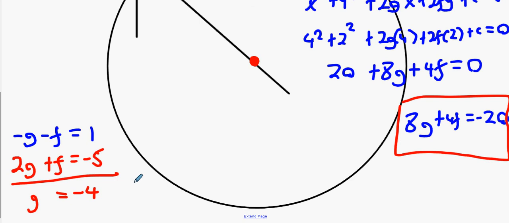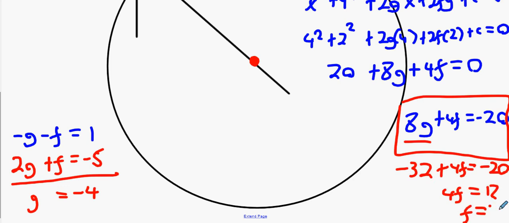And if g equals minus 4, what's the f value then? So that would be minus 32, won't it? And 4f will equal 12. F equals 3. Does it ask me for the equation of the circle? It does ask me for the equation of the circle.